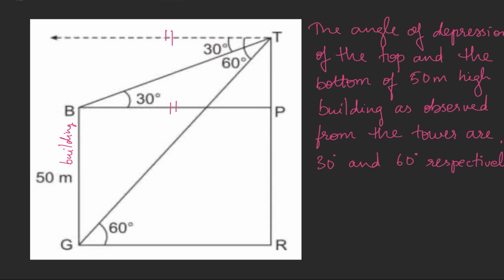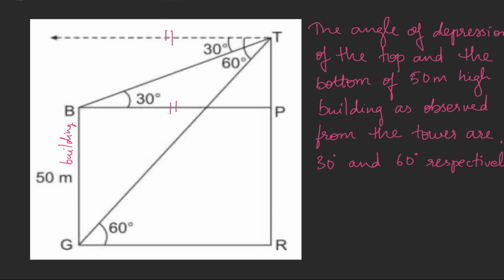In the same way, now coming to the one more angle of depression, that is when it is going to be observed from the top of the tower to the bottom of the building. So, if this is the whole building, G, this will be the bottom of the building.